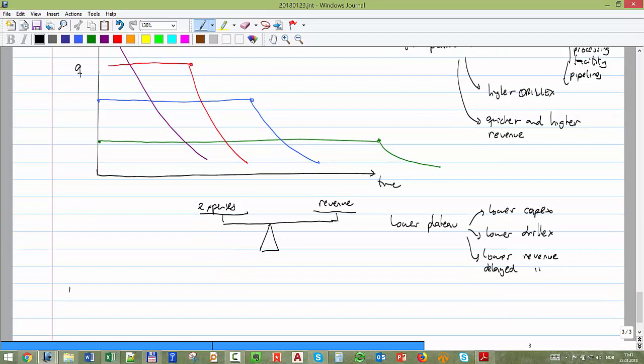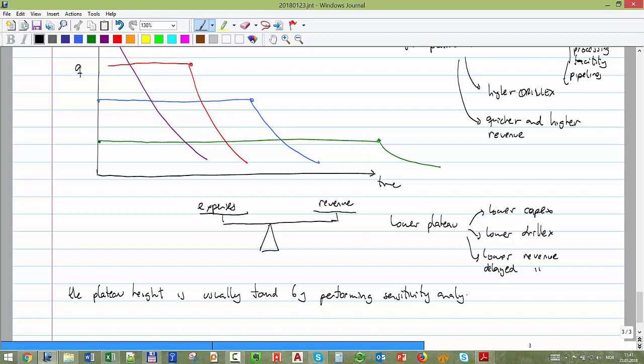So the plateau height is usually defined or found by performing sensitivity analysis.